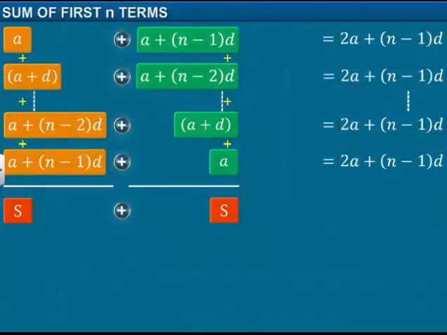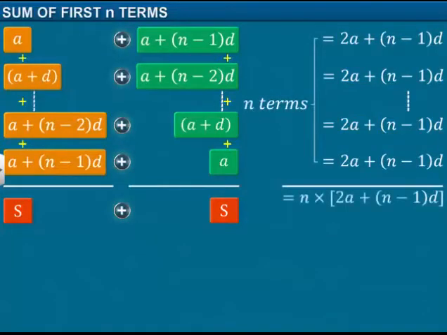As we are adding the two APs, the sum of n terms will be doubled, that is, it becomes 2S. So to get S, that is the sum of n terms of an AP, you have to divide the equation by 2. Thus, you get the formula for S. S equals n divided by 2 multiplied by (2A plus (n minus 1) multiplied by D).